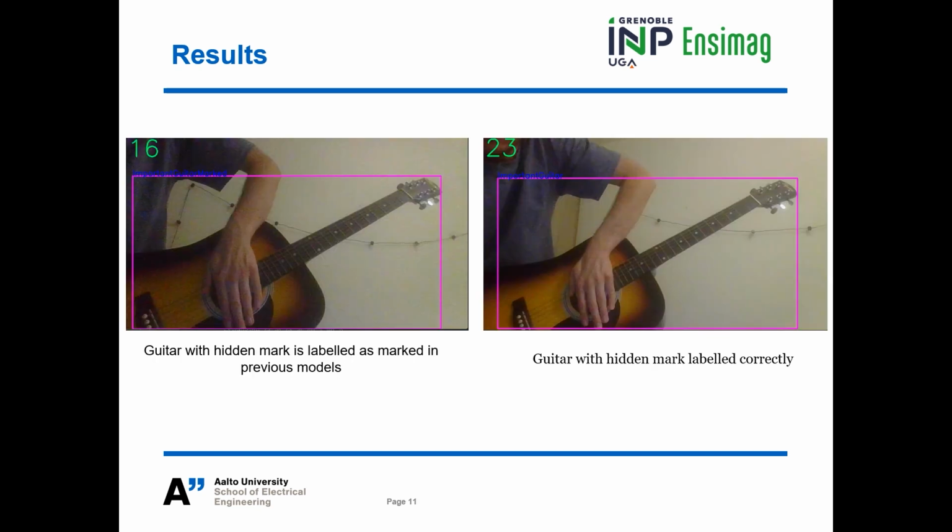The previous models have a vulnerability with hiding the marking patch by hand, so examples where this mark is hidden were labeled as guitars without mark, added to the dataset and processed by YOLO V10 models, so the additional examples resolved the issue. Both YOLO V10 models provide a mean average precision metric at 0.81 level.